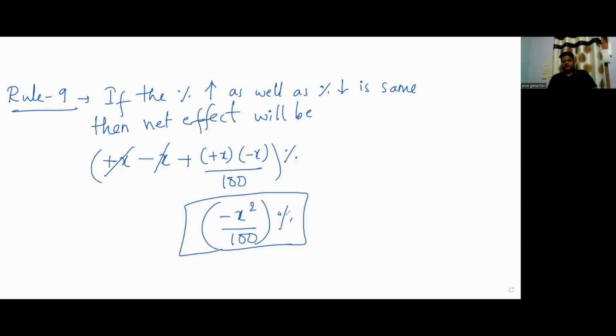So take down the question. The shopkeeper increased the price of a product by 20%, and later on decreased the value by 20%.